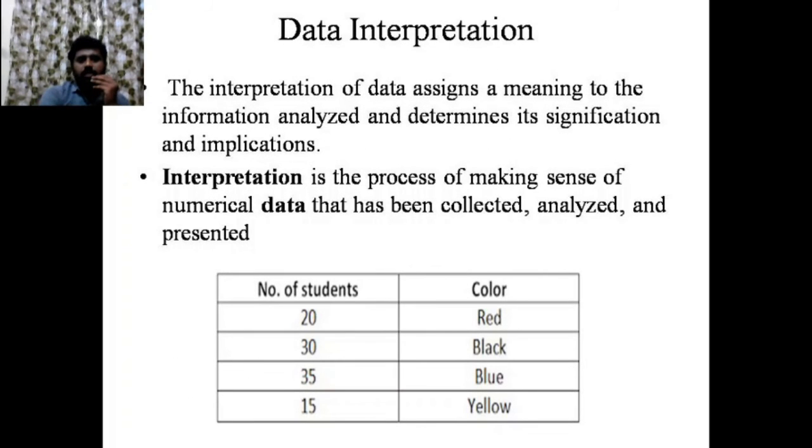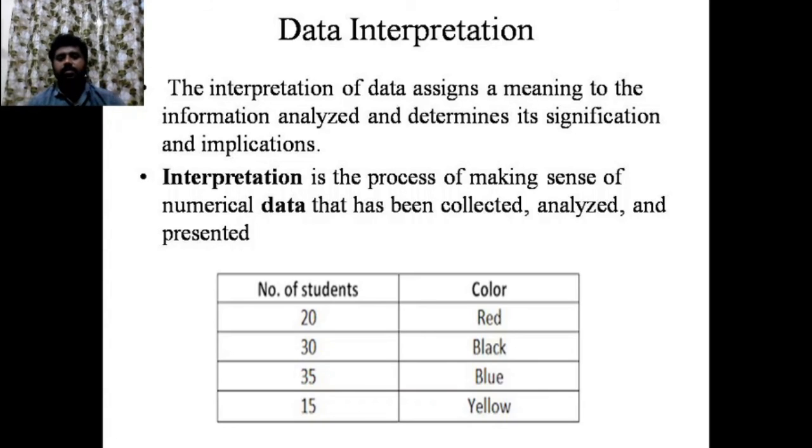Then what is the meaning of data interpretation? Interpretation means that we have to make some sense by using the data. It is a process where the data has been collected, analyzed and presented. It is called data interpretation.